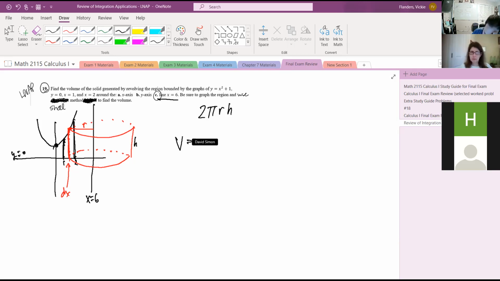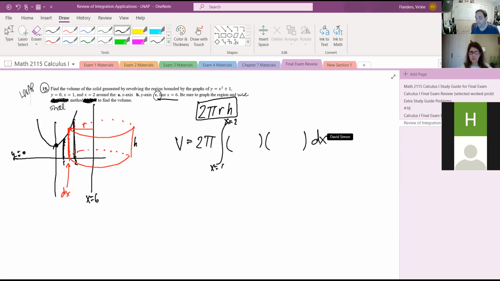The volume is going to be 2 pi integral. I know I'm going from x equals 1 to x equals 2. And I need something representing the r, and I need something representing the h dx. Okay, so notice where r is. R is up here.